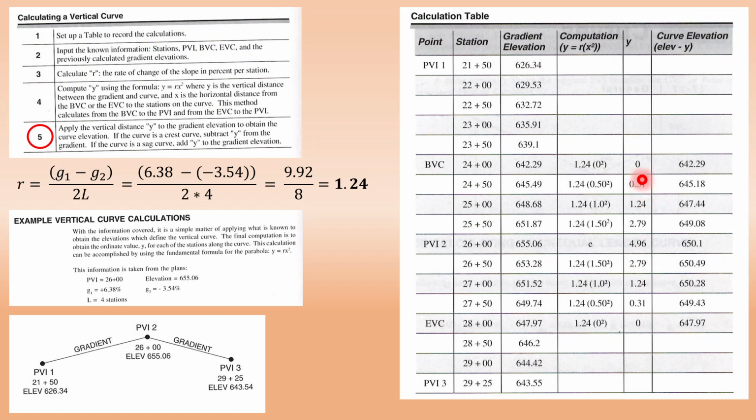But that's okay, because when you subtract a negative Y value, you're actually going to be going up higher elevation from your gradient line to your sag curve. And that makes sense if you draw it out and look at it in a picture. So don't worry if you have negative y values, that could be right, and always subtract your y values when you're computing curve elevations.